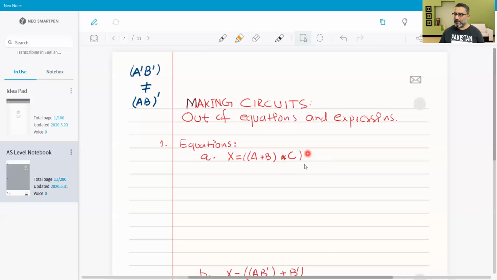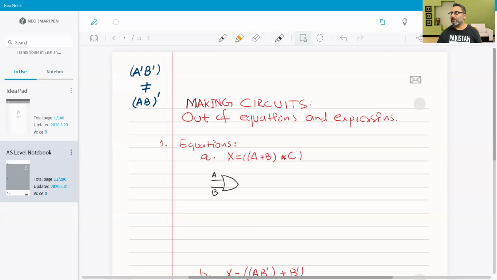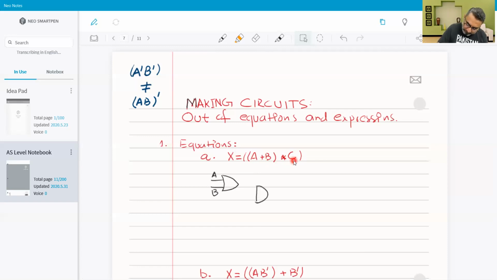So first of all, we have to solve A plus B. As we know that this plus is actually OR gate, so this is A plus B. And then we have got the output of A plus B being ANDed with C. And the output is called X.